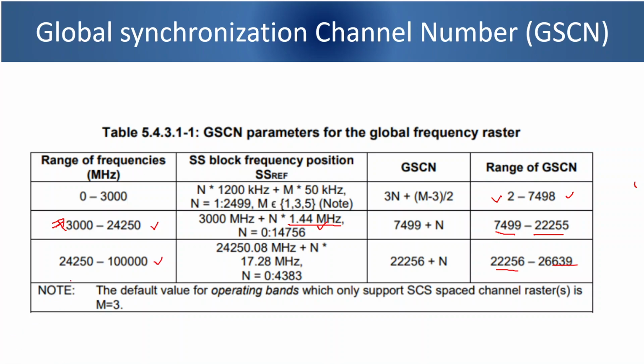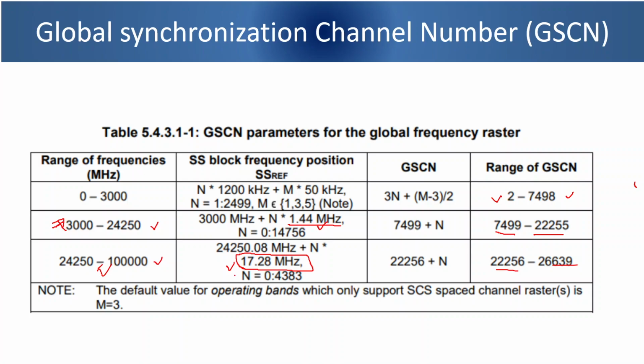Similarly, for the millimeter wave, the step size is 17.28 megahertz. So instead of the global raster of 5 kilohertz or NR frequency raster of 100 kilohertz, here the raster is, for the second band, 1.44 megahertz, and for the last millimeter wave band it is 17.28 megahertz.